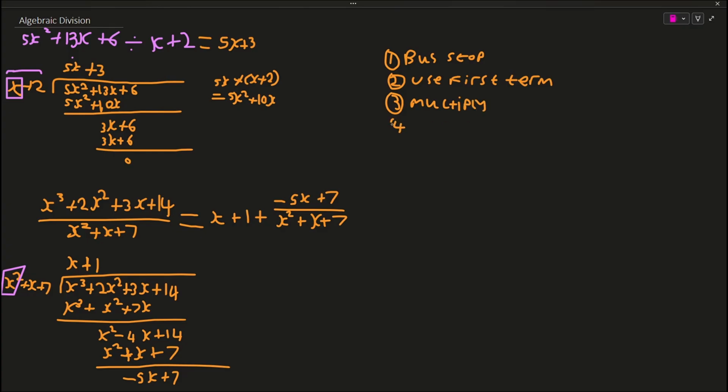Then you're going to subtract. Repeat steps two to four. And on your last one, you're either going to have 0 or a remainder.